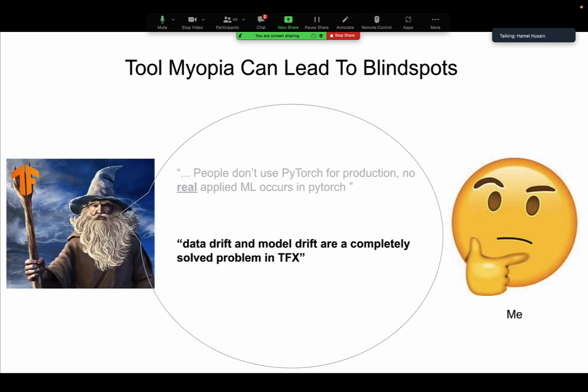Okay, so another thing that you have to really be wary of, or pay attention to, is that tool myopia can lead to blind spots, especially in applied machine learning. When a tool offers a solution to a problem, if you're really in love with the tool, you might think that you have solved that problem.